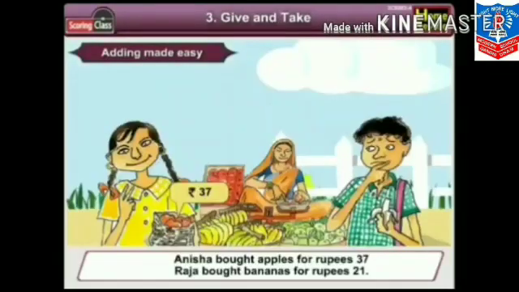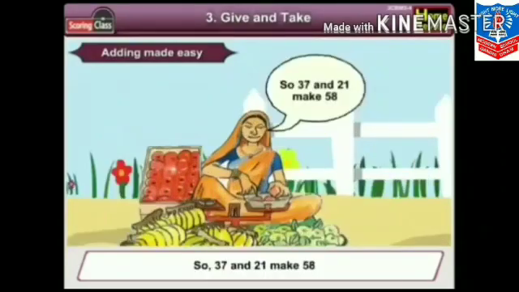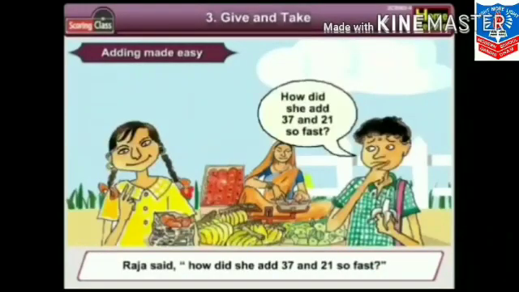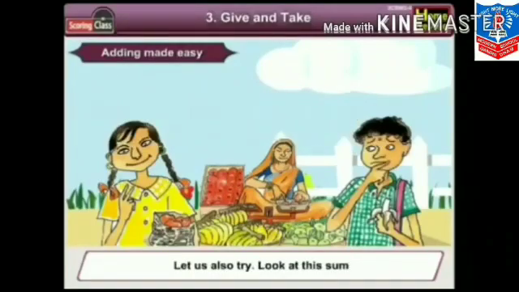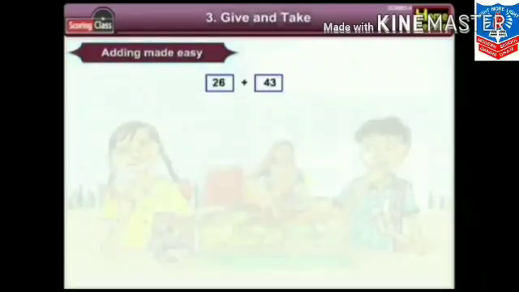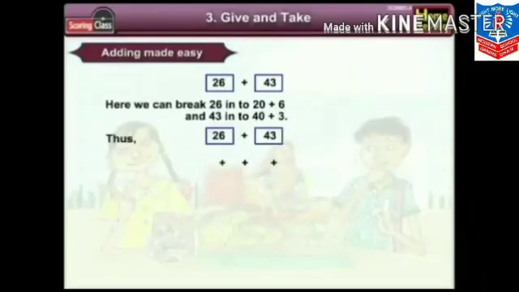Adding made easy. Anisha bought apples for 37 rupees. Raja bought bananas for 21 rupees. So 37 and 21 makes 58. How did she add 37 and 21 so fast? Let us also try. Look at the sum. 26 plus 43.